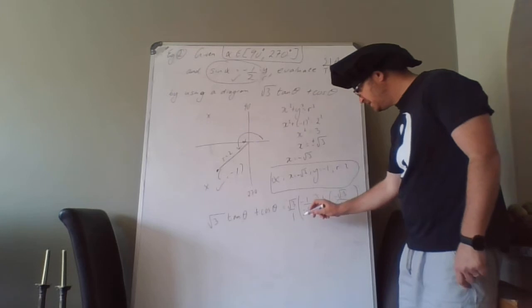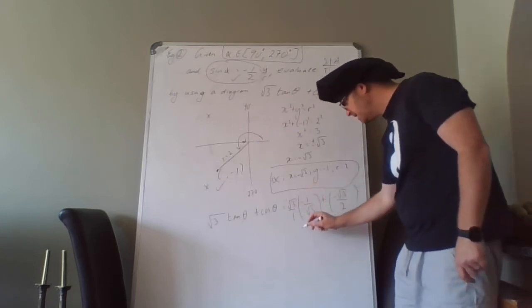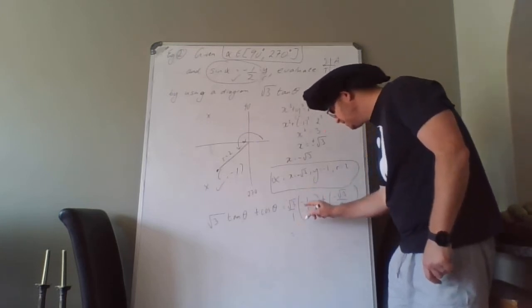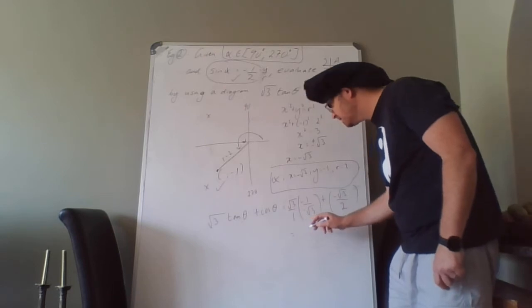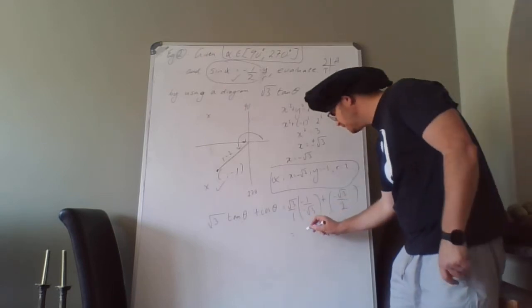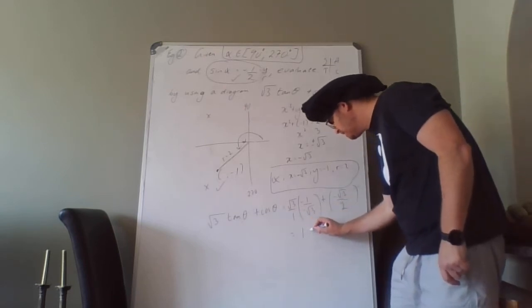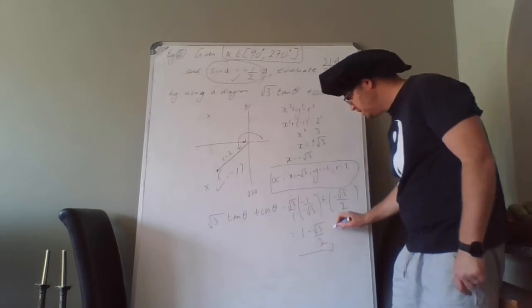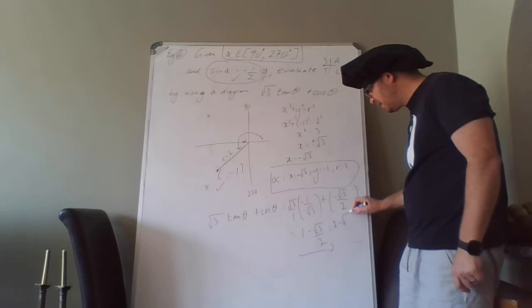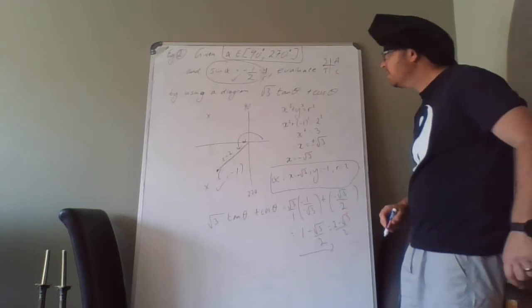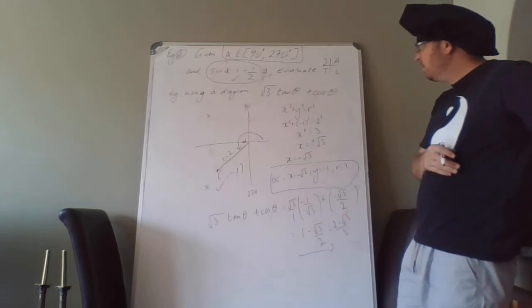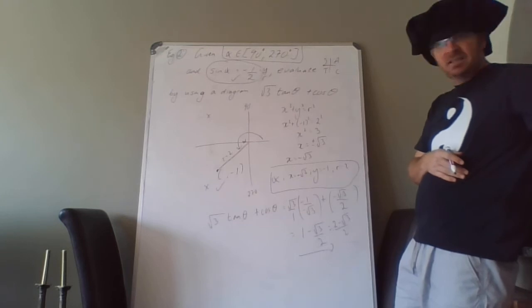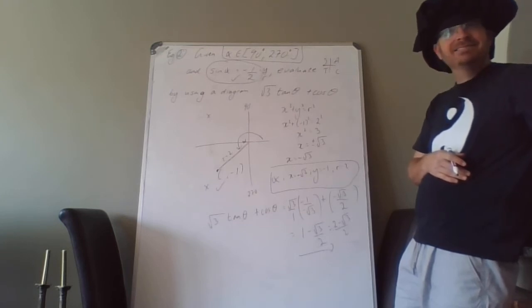And if I simplify that, the root 3's will cancel, the sign overall will be positive because a negative and a negative cancel. So I end up with 1 minus root 3 over 2. If you want to simplify it, it will be 2 minus root 3 over 2. Always leave things in simplest form. Okay, right. So that is your answer.